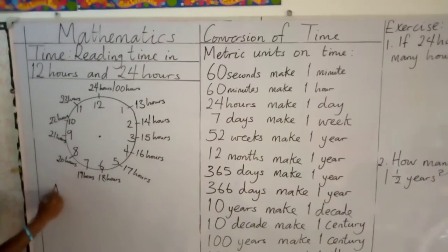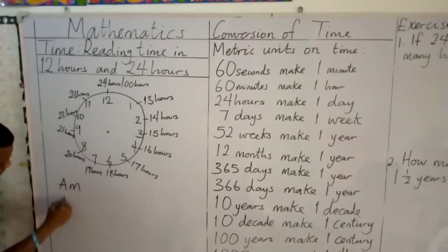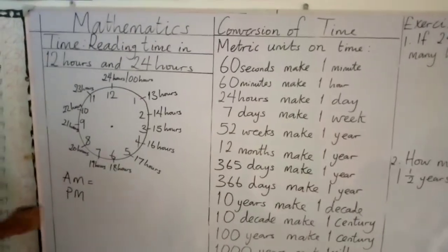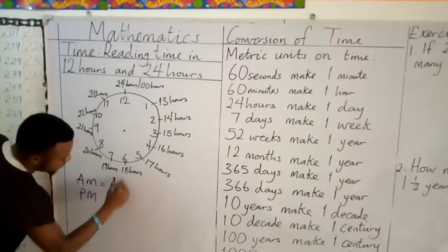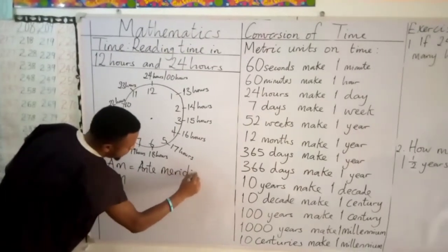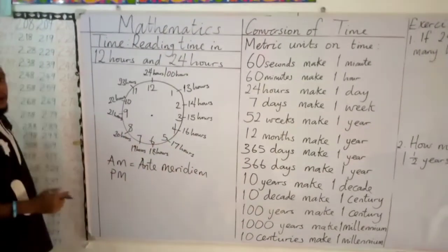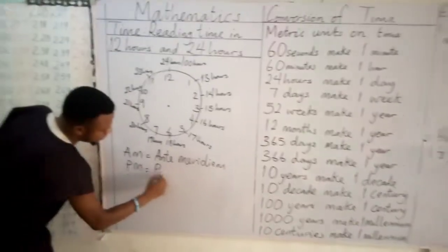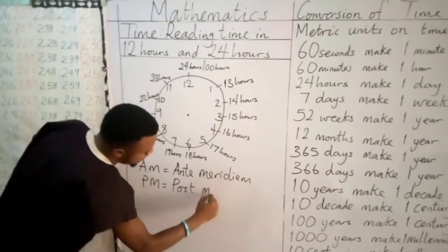AM and PM. AM means ante-meridian, and PM means post-meridian.